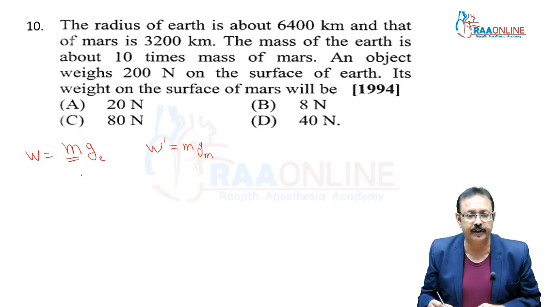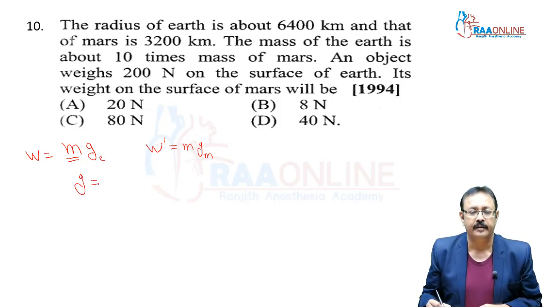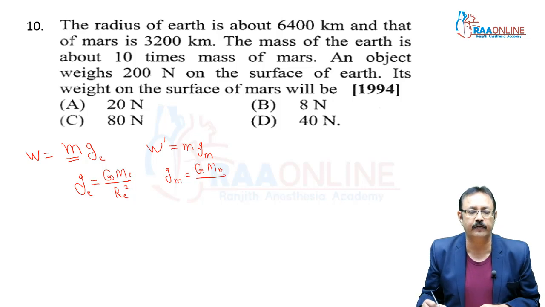What is the value of g? On Earth, we put it as GMe upon Re square. What should it be for Mars? In place of mass of Earth, we will put mass of Mars. In place of radius of Earth, we will put radius of Mars.